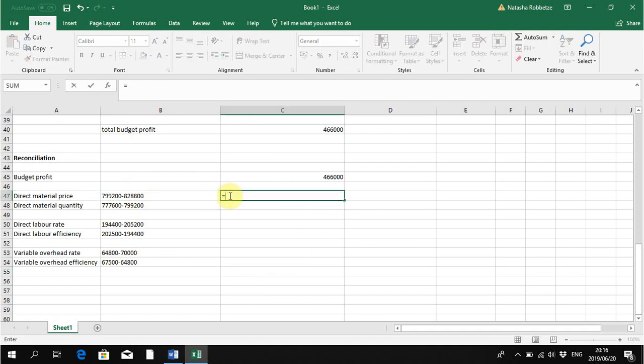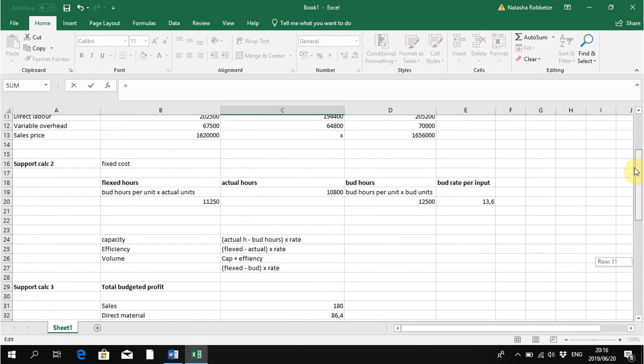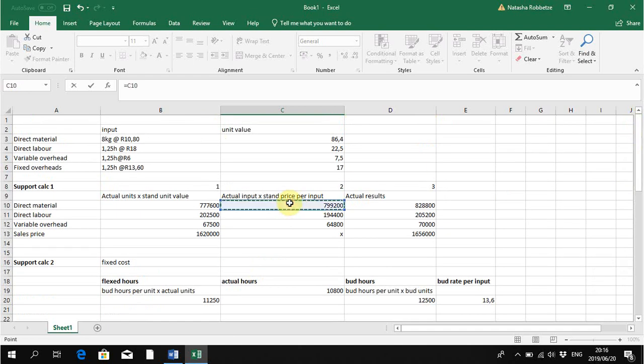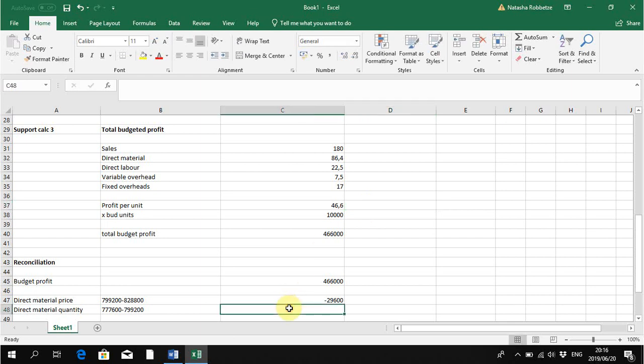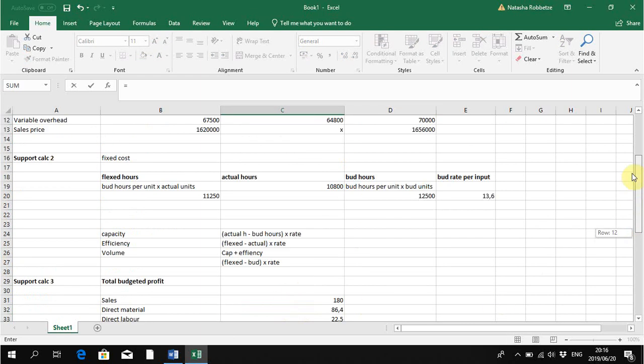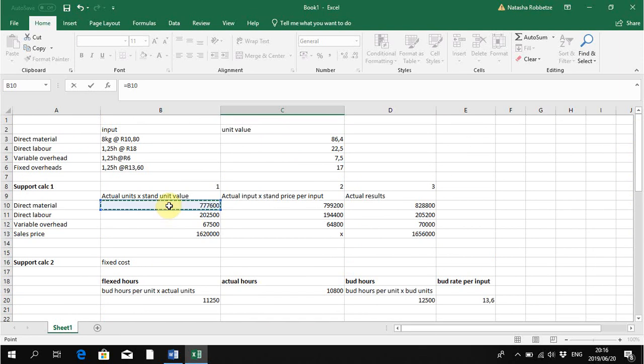Just want to see if I say equals paste. It doesn't work. Right, I'm just going to go back and say, so material price will be this minus that. Material quantity is this minus that.